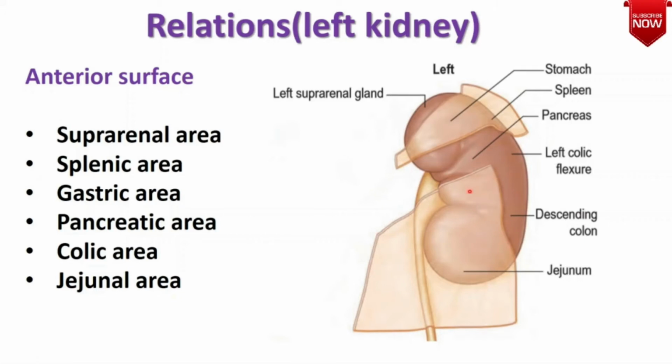This part on the lower pole and the large part of the anterior surface is related to the coils of jejunum, and this is the peritoneal area because jejunum is intraperitoneal structure.